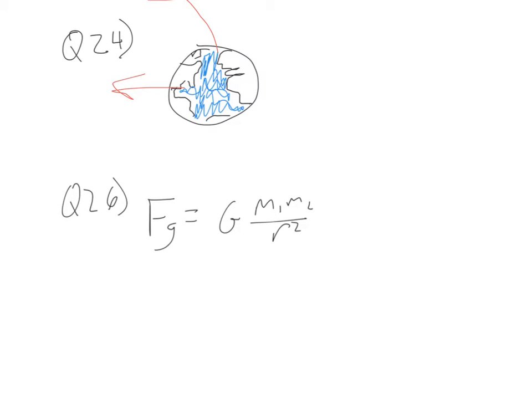So if r goes up by a factor of 2, then the force of gravity is going to go down because it's in the denominator. The distance is going to be doubled, so the force of gravity is going to go down by a factor of 1/4, because it's 1 over 2 squared.